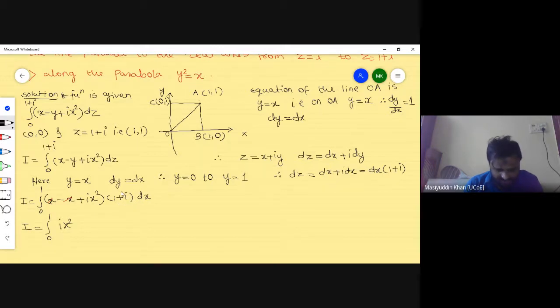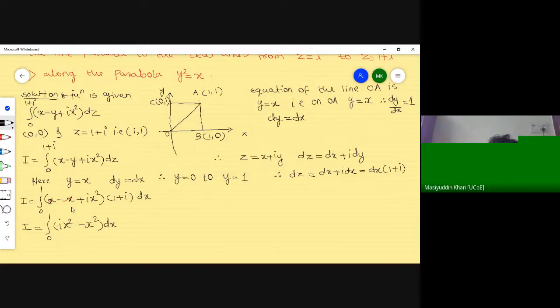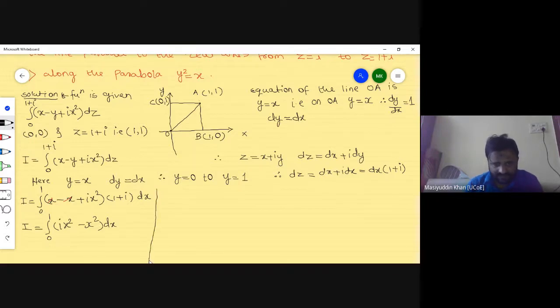So this part is by default treated as a minus x, into dx. Now we have to integrate, we are applying the basic integration here only.